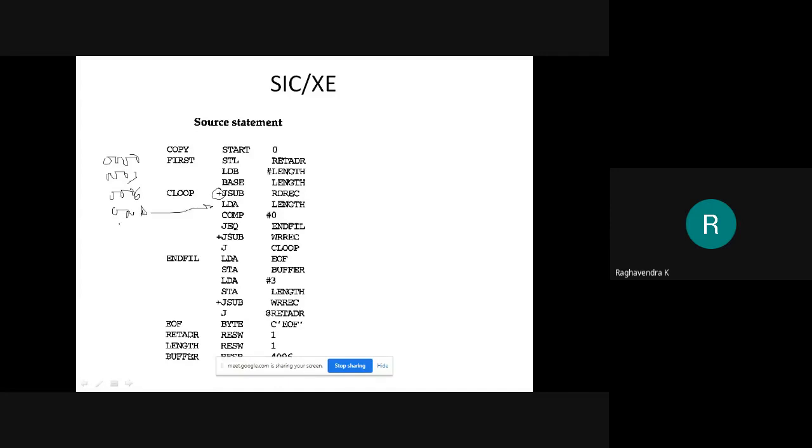Now here we have a format 3, so it is D. D plus 3 is 0010. Once again we have 0014, something like this. This is how we perform the address assignment.